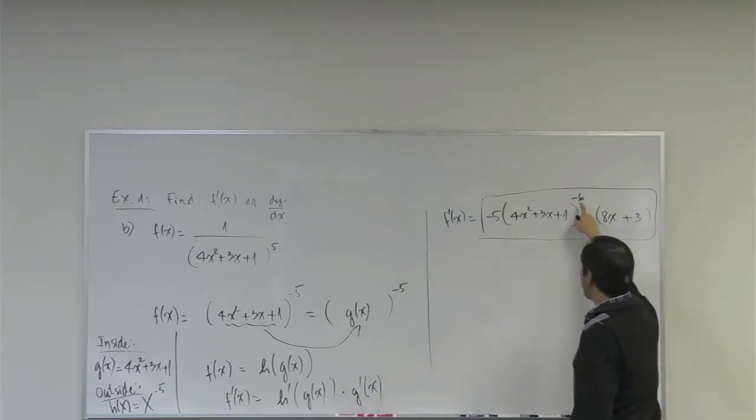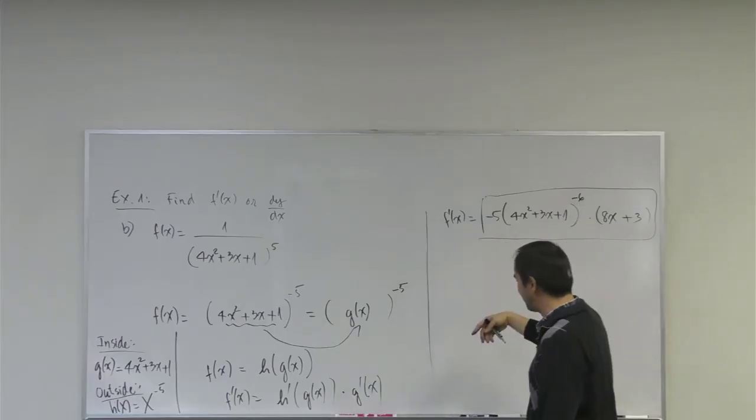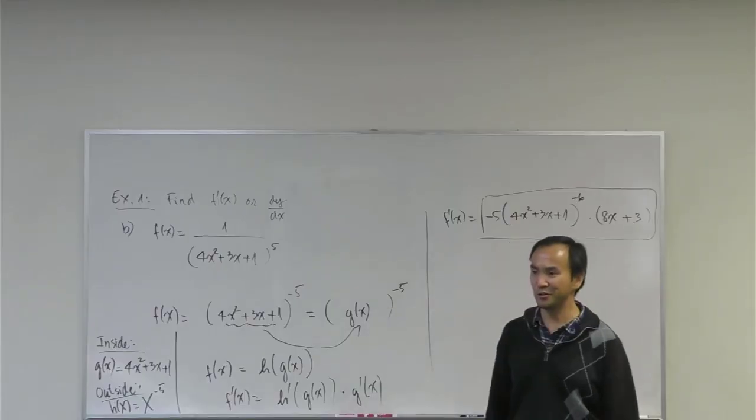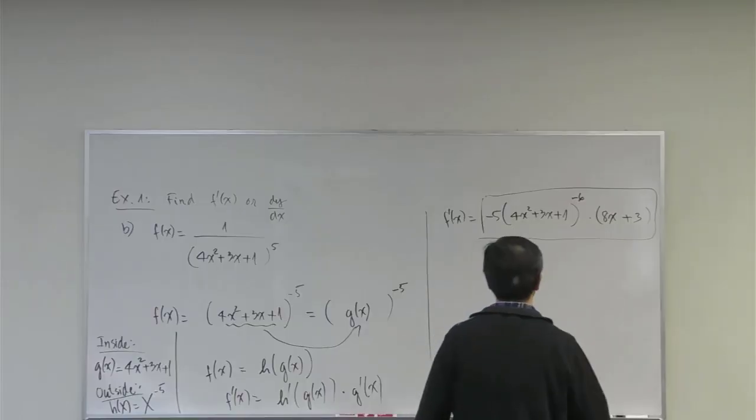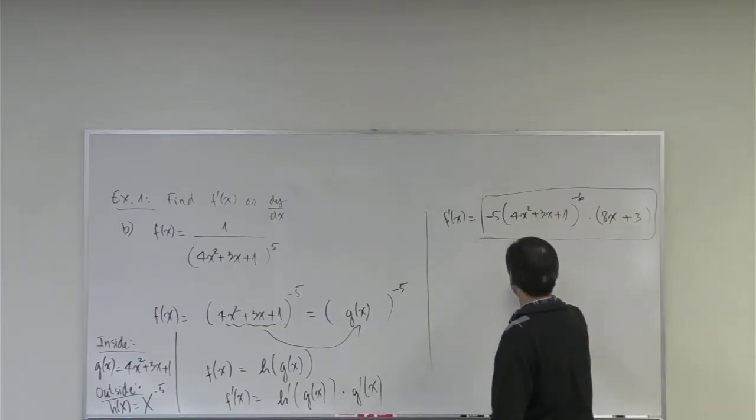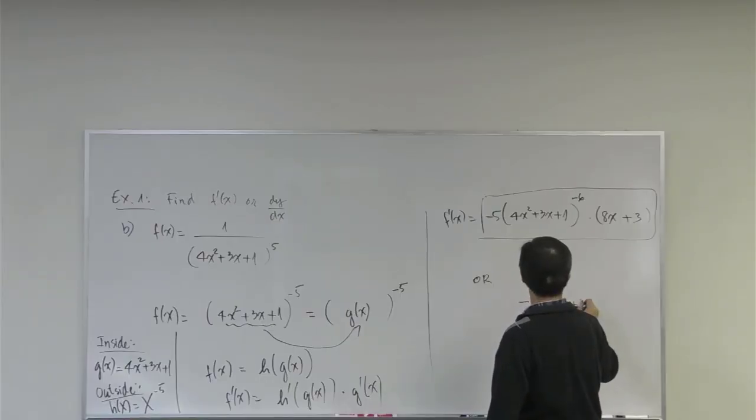Since there's a negative power, be watching out: you may be asked to write your final answer without negative powers. So you can rewrite the whole answer as minus 5 times 8x plus 3, divided by 4x squared plus 3x plus 1, all to the 6th power.